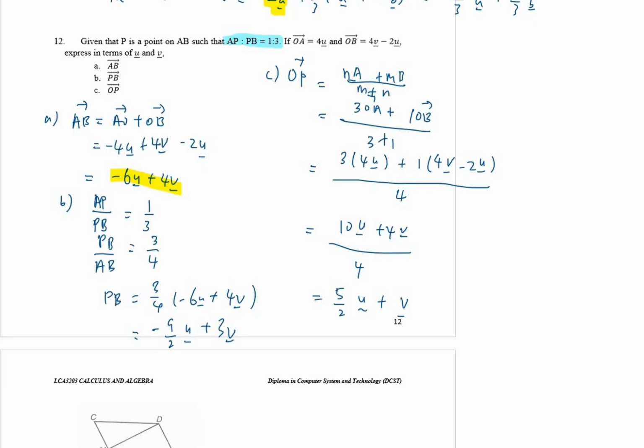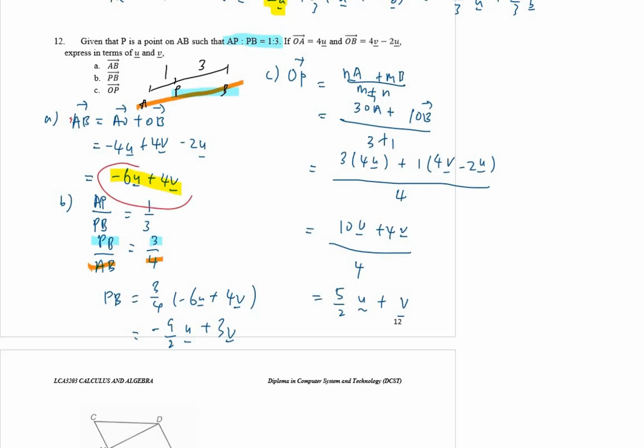Therefore PB to AB, which is the whole length, is 3 to 4, because your one whole line is AB, and AP to PB is 1 to 3. So PB is 3, and the whole thing is 4.